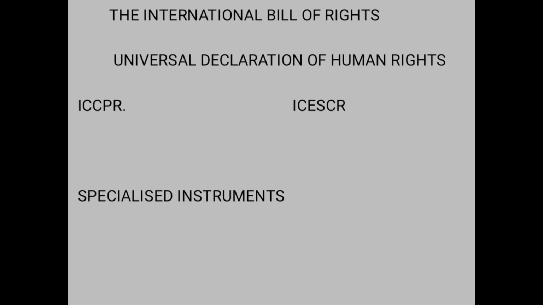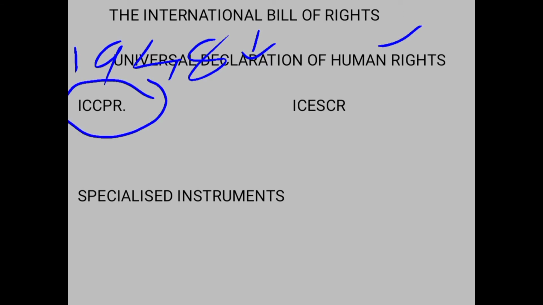Given the International Bill of Rights here, it begins with the Universal Declaration of Human Rights. This was the first one to be adopted, on 10th December 1948. After this document was adopted, we had the ICCPR, the International Covenant on Civil and Political Rights, as well as the International Covenant on Economic, Social and Cultural Rights.